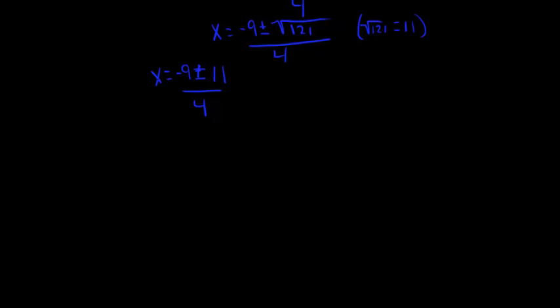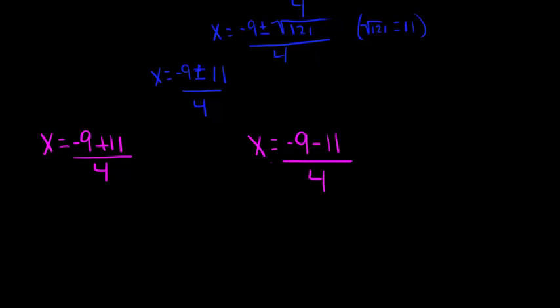To solve this, we'll have negative 9 plus 11 divided by 4 and negative 9 minus 11 divided by 4. So let's write that out. x is equal to, this is the first one, negative 9 plus 11 divided by 4. And then over here we have x is equal to negative 9 minus 11 divided by 4.